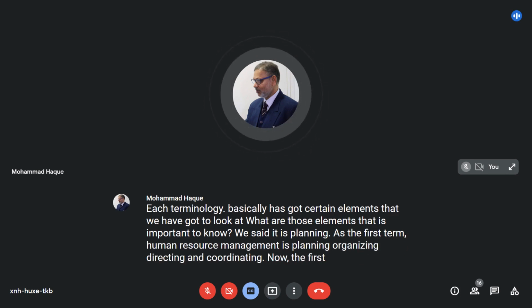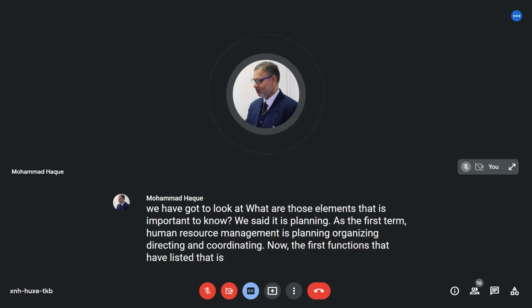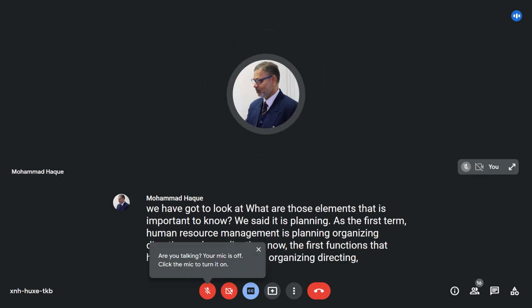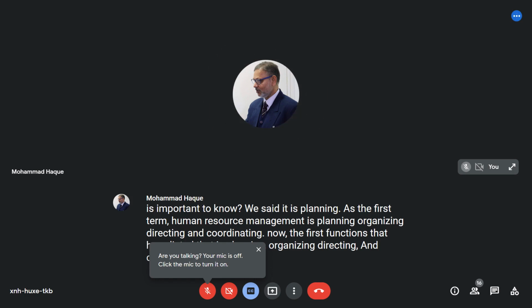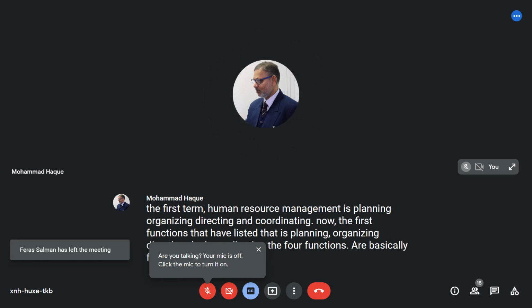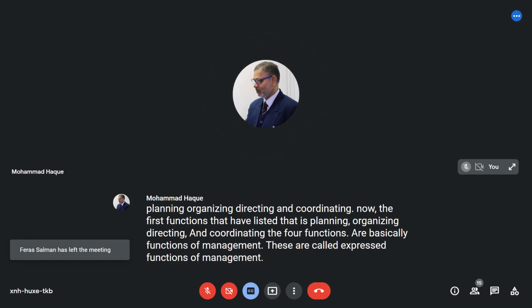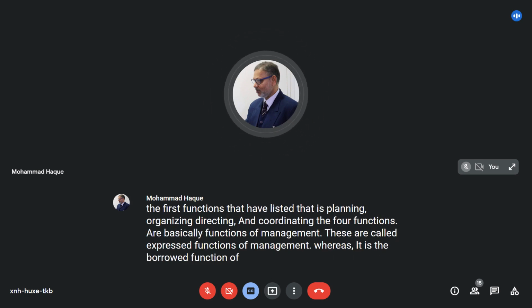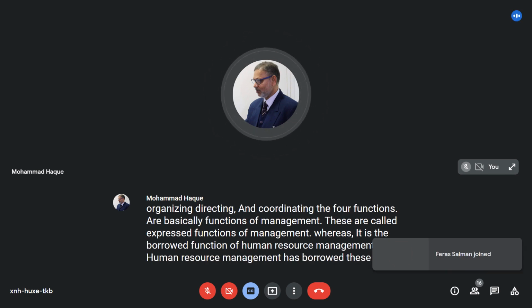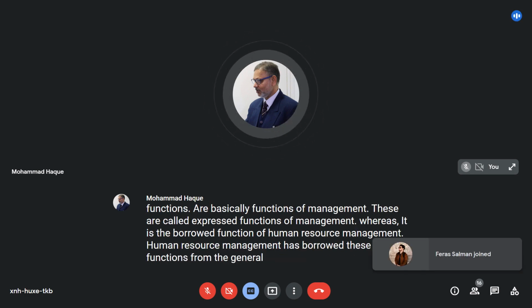These four functions are basically functions of management. These are called expressed functions of management, whereas it is the borrowed function of human resource management. Human resource management has borrowed these four functions from the general function of management, right?